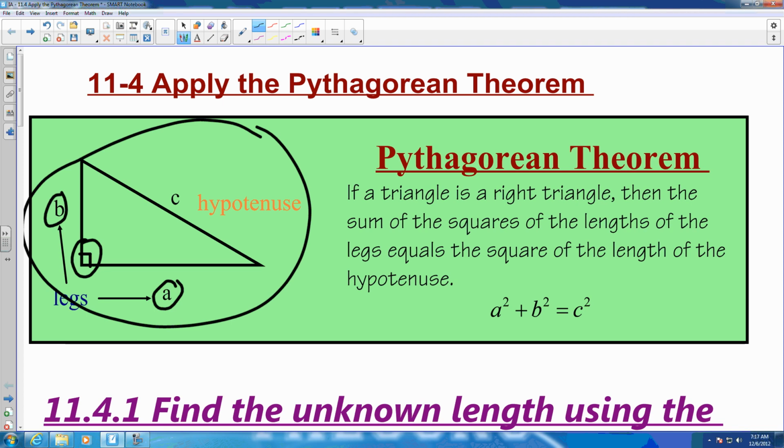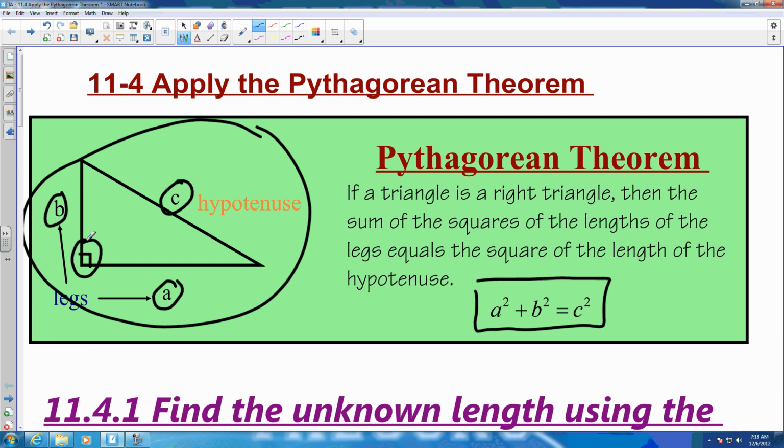And C is represented as the measurement of the hypotenuse. So your formula for the Pythagorean theorem can be written as A squared plus B squared equals C squared. That's where the sum of the squares of the lengths equals the square of the length of the hypotenuse.